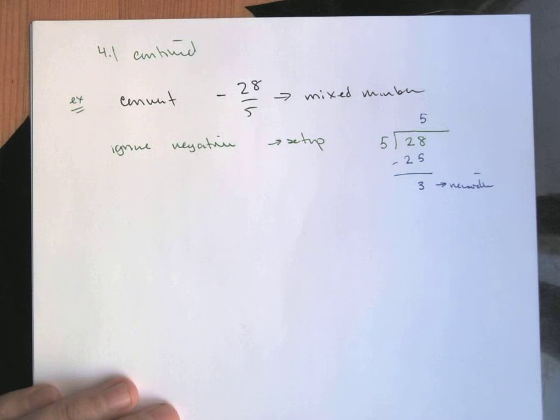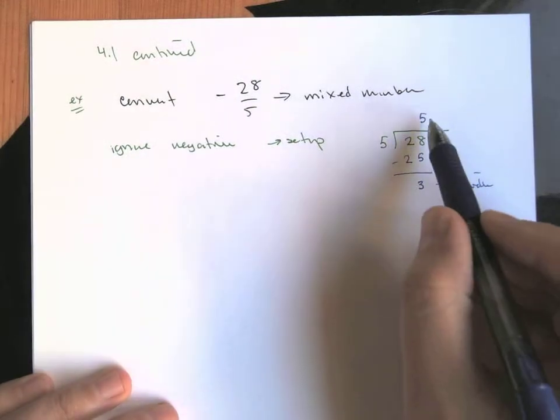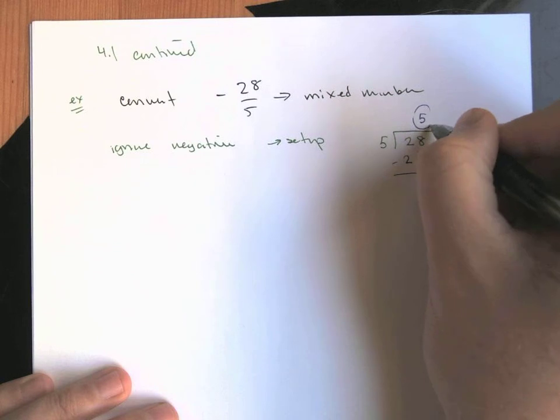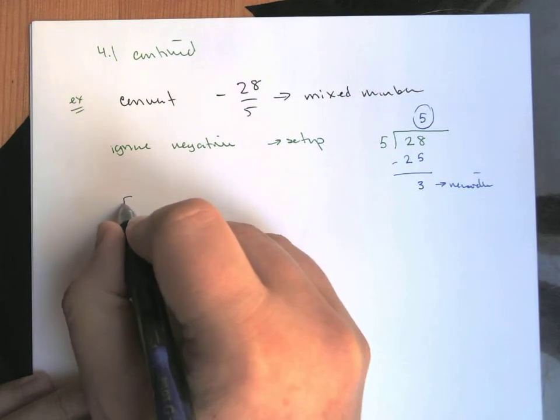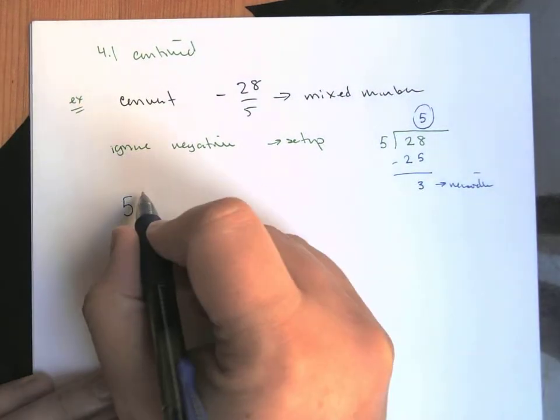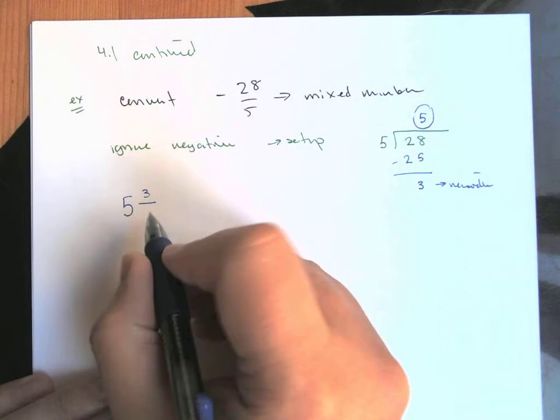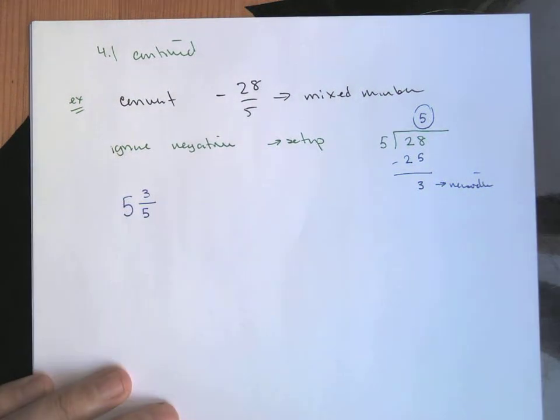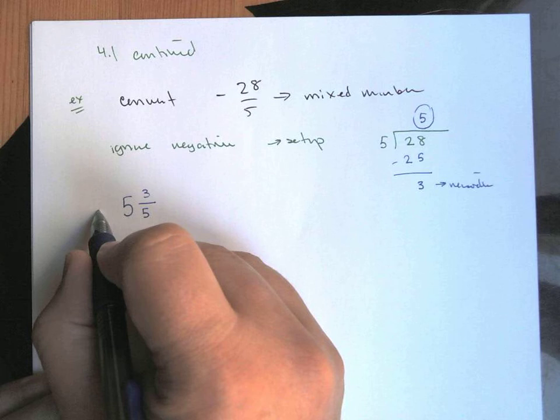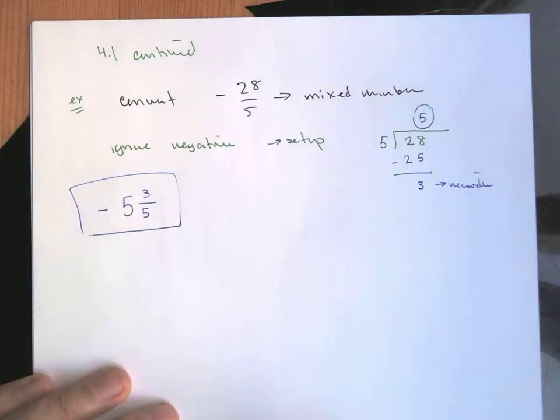The idea is just to get it down to the whole numbers and stop. So what we've got is 5 as the whole value, and then my remainder is 3 out of my denominator 5. The original was negative, so my final here is also going to be negative.